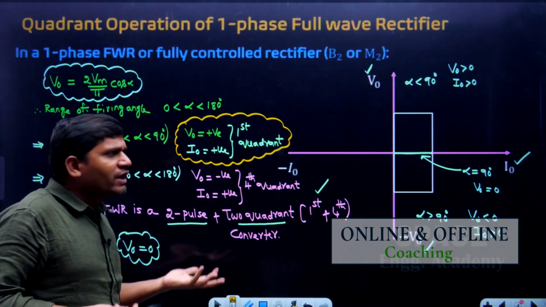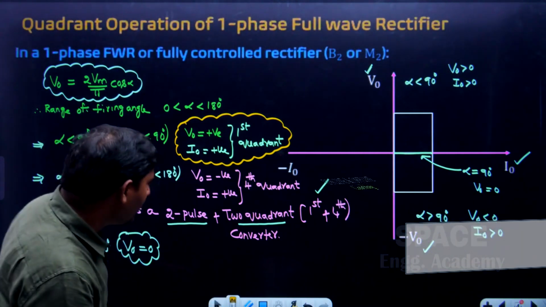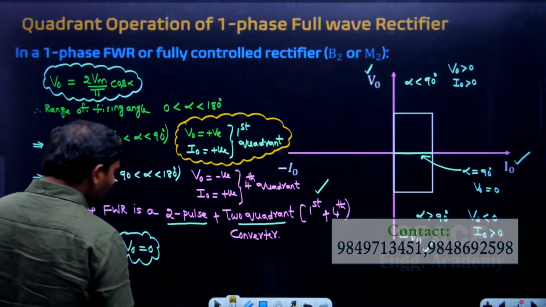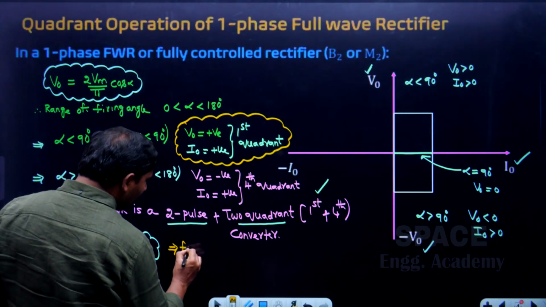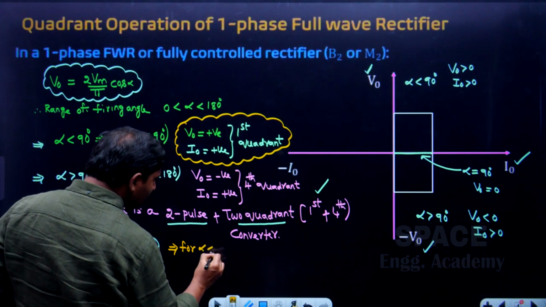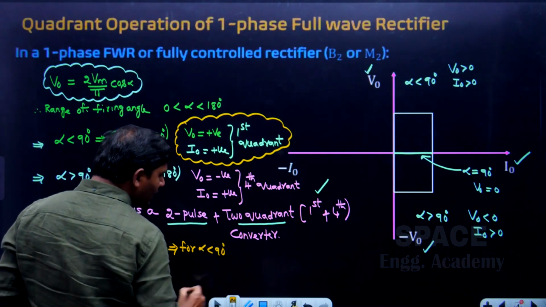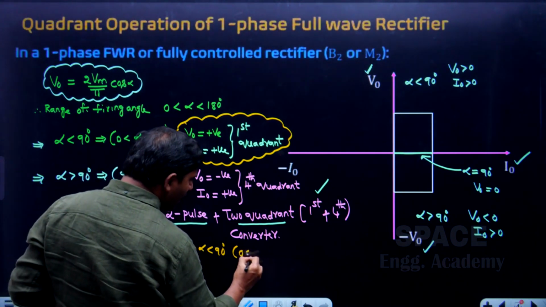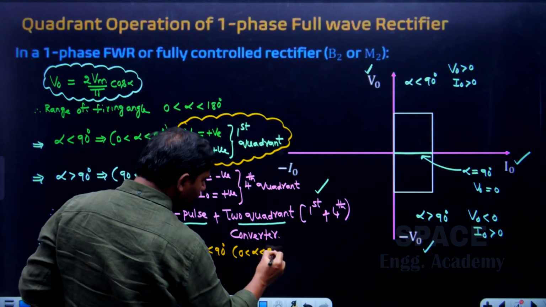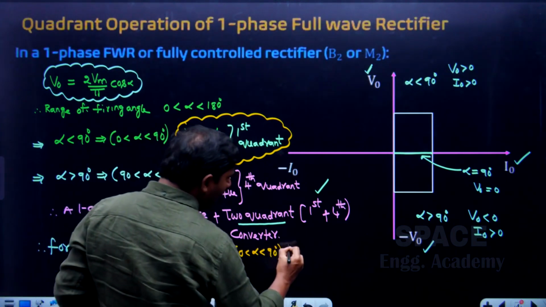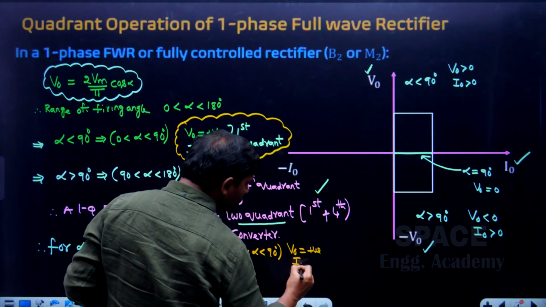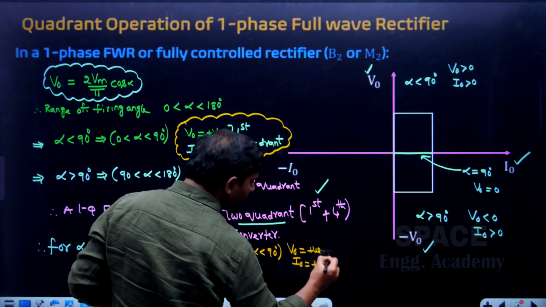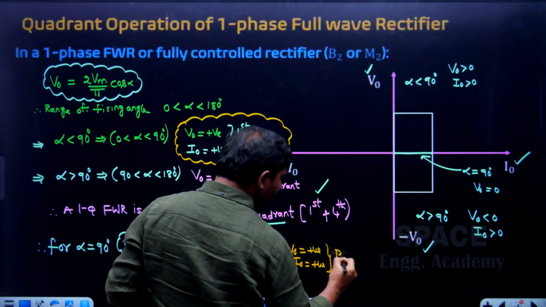Motoring mode, that is forward motoring mode. These statements are important, students. For 0 less than alpha less than 90, V naught positive, I naught positive, power is positive.